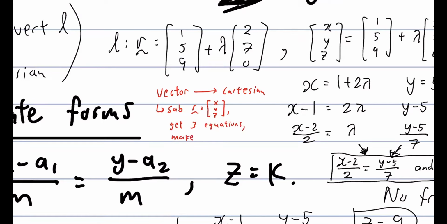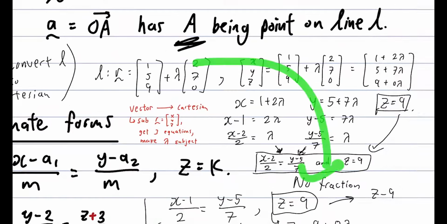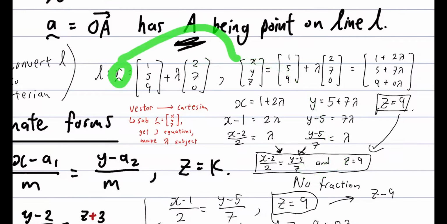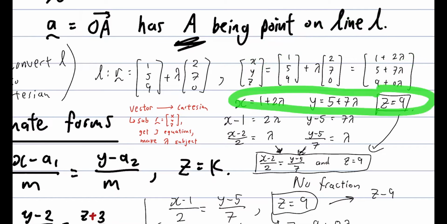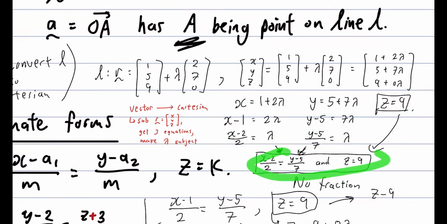Then make lambda the subject. That's basically a description of what went on. You substitute the r with xyz. Then you get 3 equations: x equals 1 plus 2 lambda, y equals 5 plus 7 lambda, z equals 9 plus 0 lambda. Then make lambda the subject. That's exactly what I did here. Then you conclude.